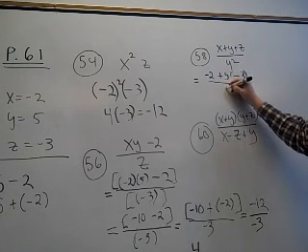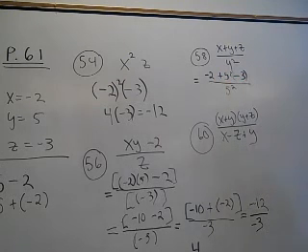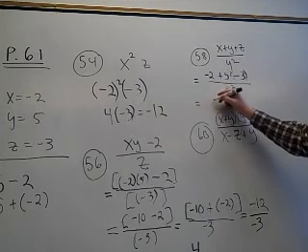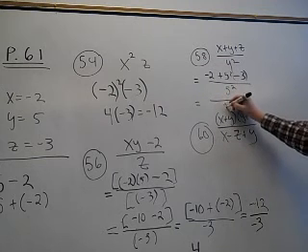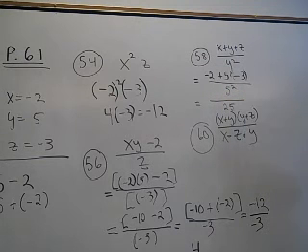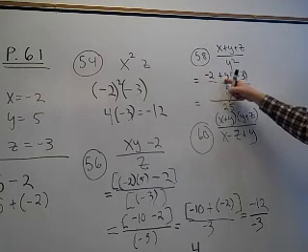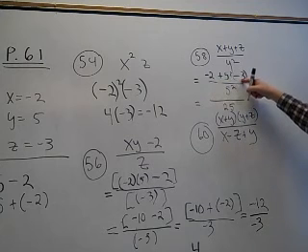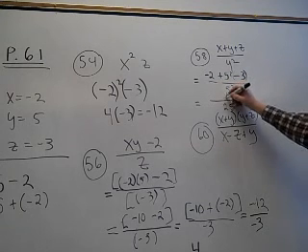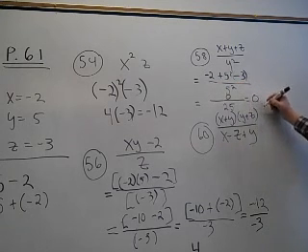Downstairs, I've got 5 squared, which becomes 5 times 5 or 25. Upstairs becomes -2 plus 5 is 3. 3 minus 3 is 0. And so the whole thing is 0.